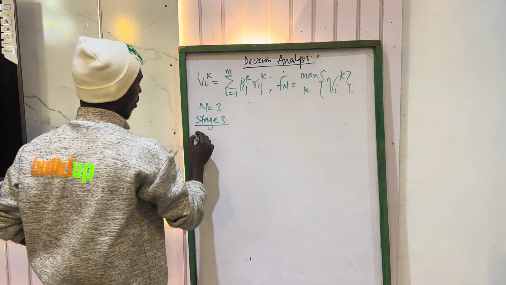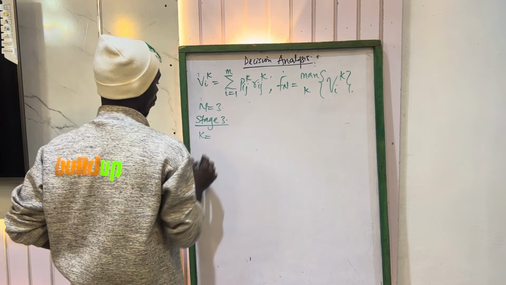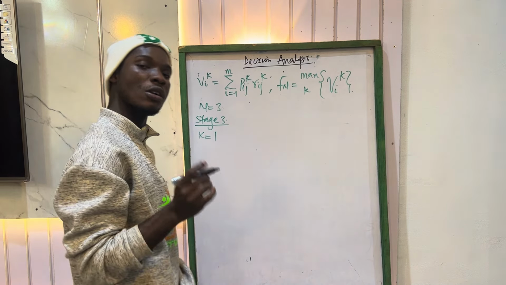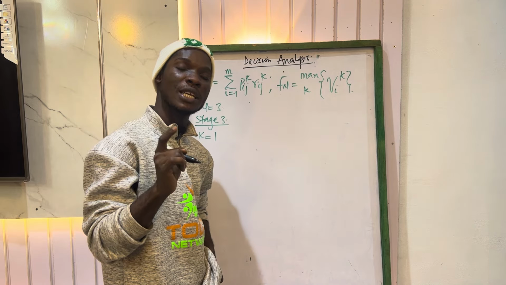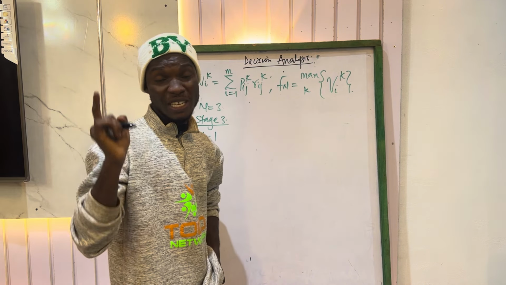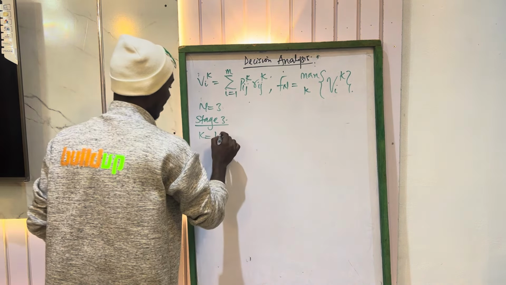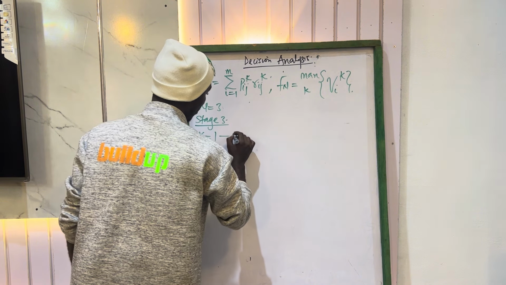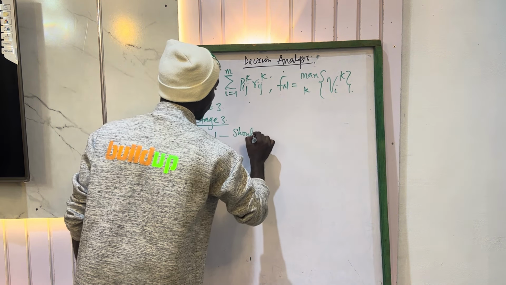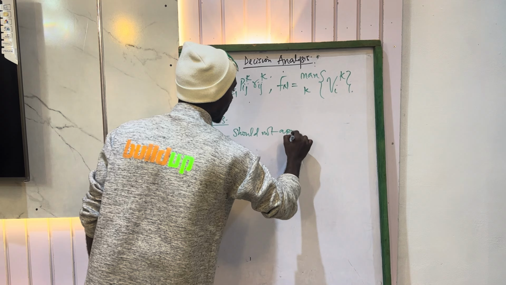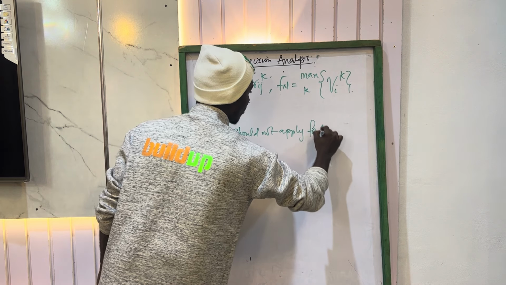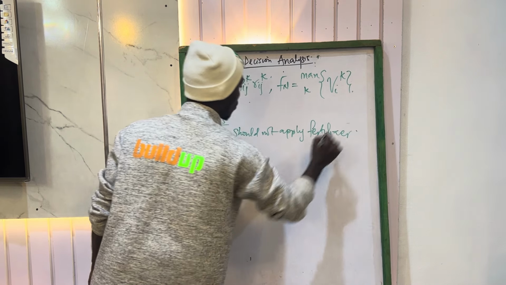So now I want to consider k equals 1. Do you remember what k equals 1 simply means? It simply means that the farmer should not apply fertilizer. So that is the meaning of k equals 1.